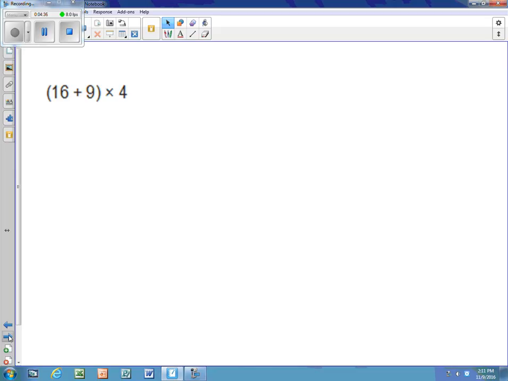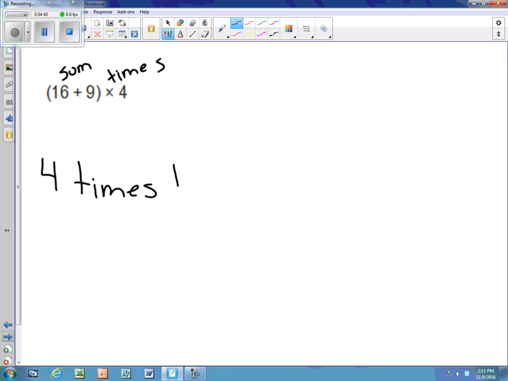Next one, I look at it before I start. This is the sum in here because they're adding, and this is times. So I want 4 times, I have to find the sum of 16 and 9.